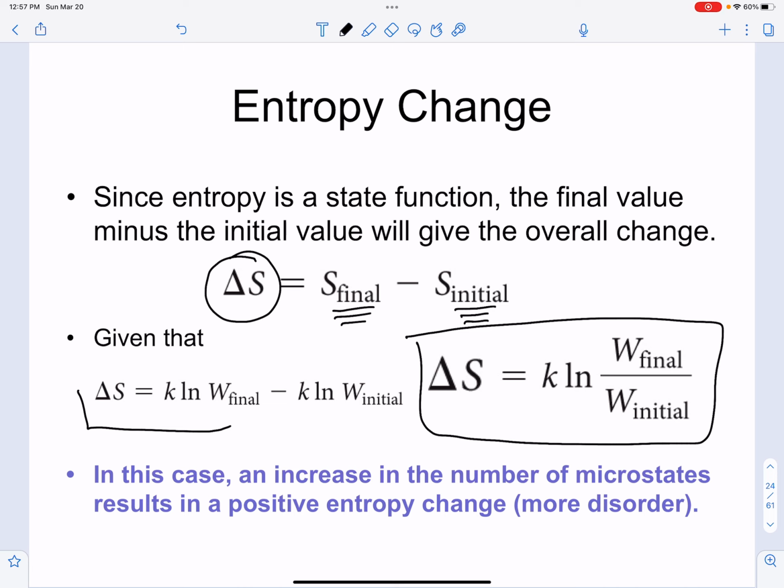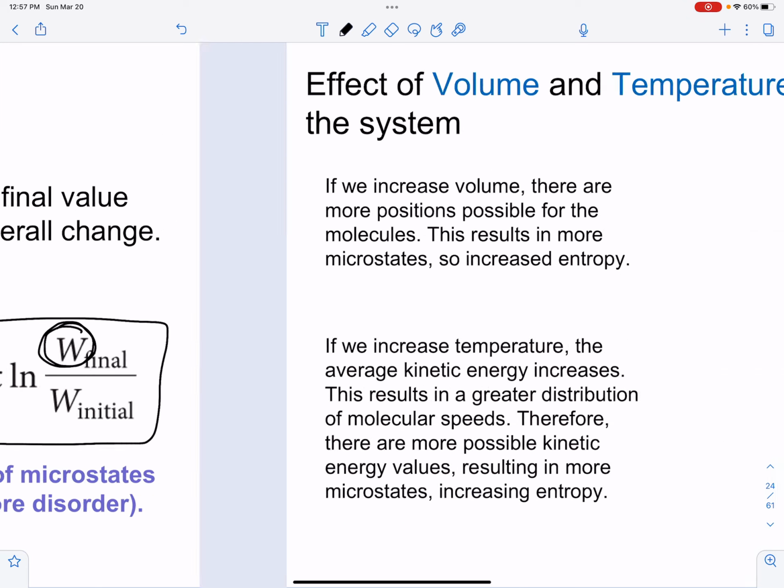We can see right away that W represents the number of microstates, and by increasing the number of microstates in the formula, it will give you a bigger number, a higher entropy, a positive change in entropy.